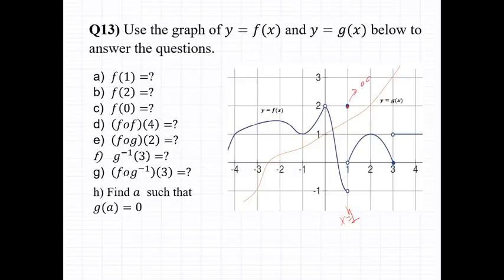This is on the graph. So this is 1 and corresponds to 2. So if it is on the graph, the other number turns out to be f of 1. So f of 1 is equal to 2.